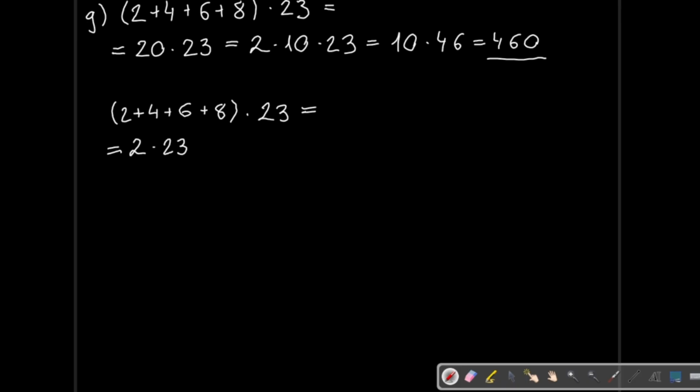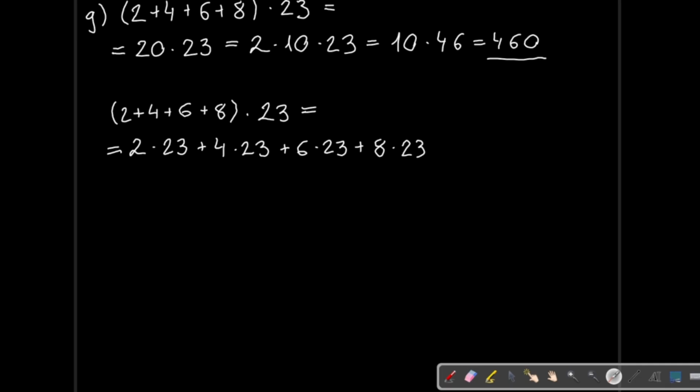We have 2 times 23 plus 4 times 23 plus 6 times 23 plus 8 times 23. Now we can multiply each part. We have 4 parts for multiplications to the right here. Or we can just add these together.